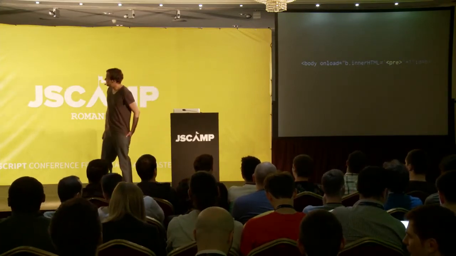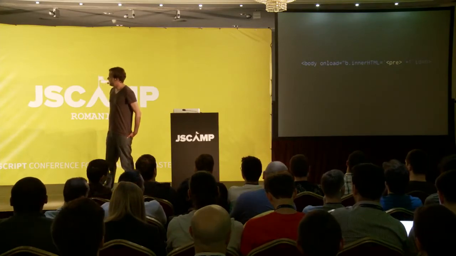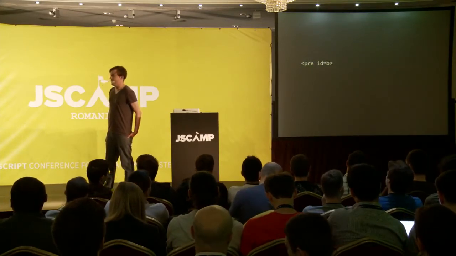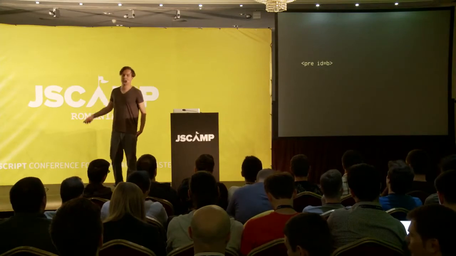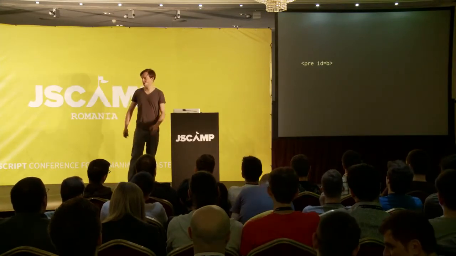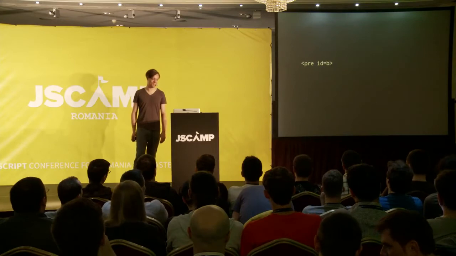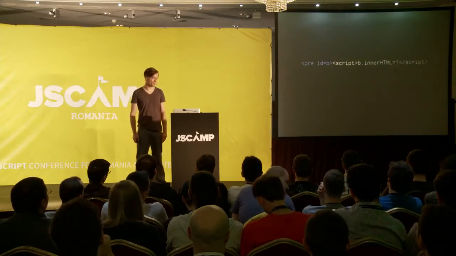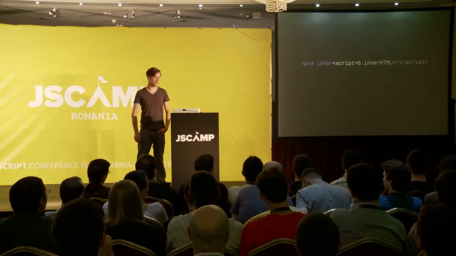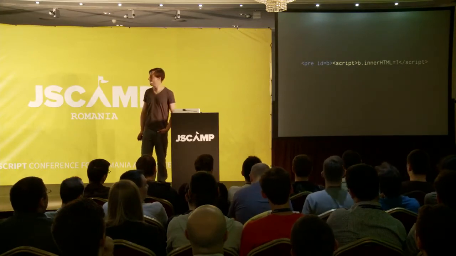If you focus on that, you might even shorten it more by putting the pre tag at the beginning. So instead of saying body and writing something, we just skip the body and write the pre tag with an ID, and then put a script behind that saying b and whatever. So this is even shorter now.